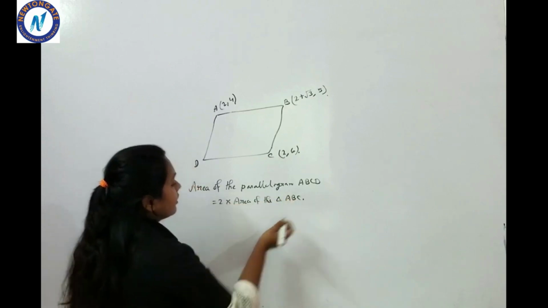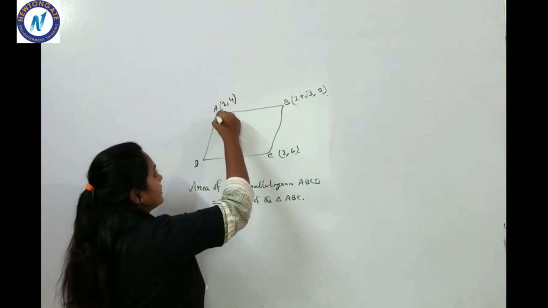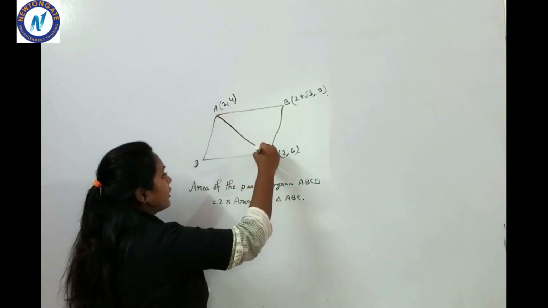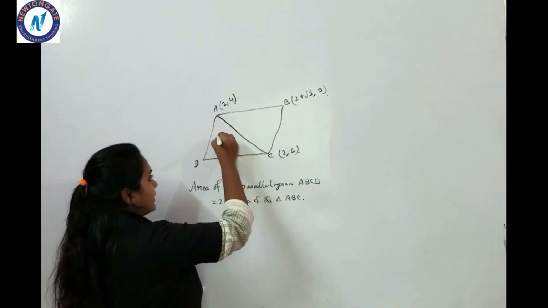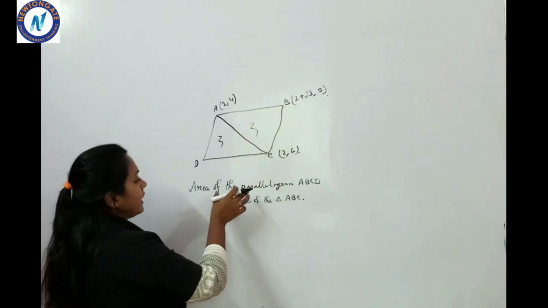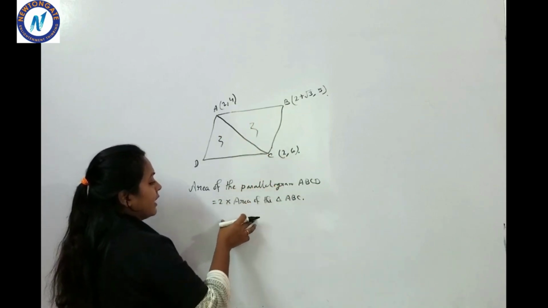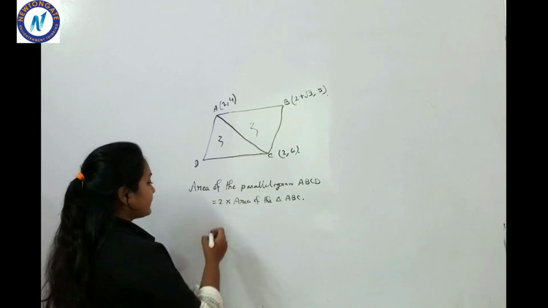ABC. Why? Because we know that the diagonal divides the parallelogram into two equal halves, and the area of ABC is equal to the area of ADC. So the area of the parallelogram ABCD equals 2 into the area of ABC.